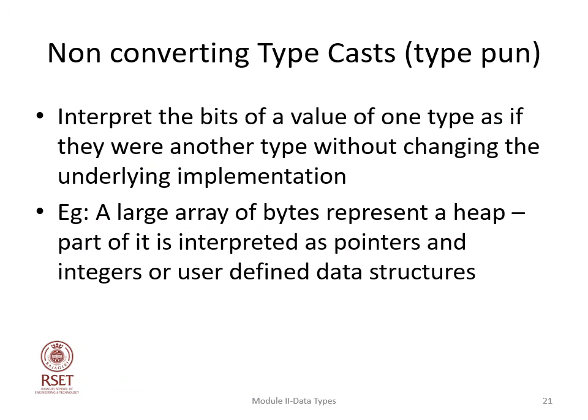Coming to the third type of type conversion, it is a non-converting typecast. It is also called type punning, where we do not change the implementation. We simply interpret the value of one type as another type. For example, an array of bytes is represented as a heap, and each individual element on the heap can be interpreted as pointers or integers or even other user-defined data types.